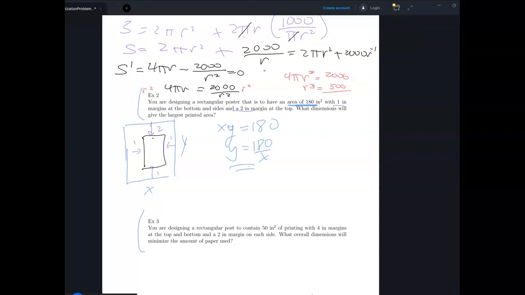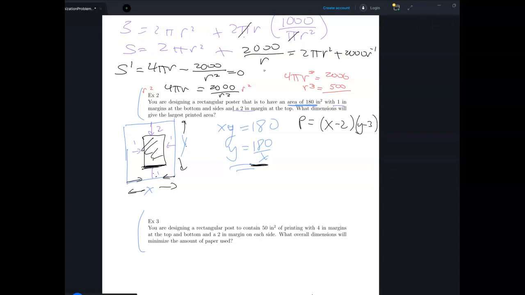The printed area in terms of x's and y's would be, take this x and subtract off 2. So the printed area would be x minus 2, right? This whole distance is x, take away the 2. And then the y, all of this is the y, and I'm going to take the y and subtract off 3.